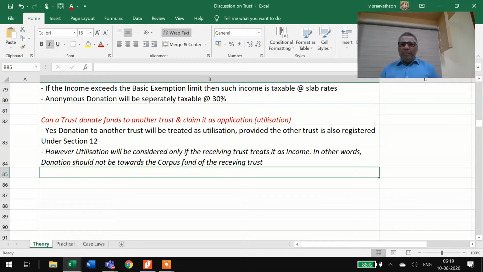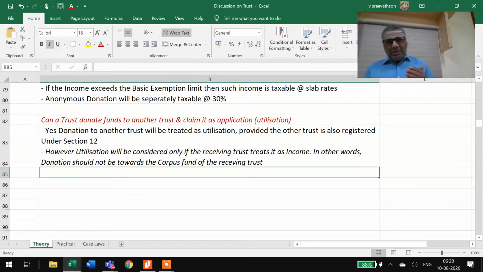It will be considered only if the receiving trust treats it as income. In other words, the donation should not be towards the corpus fund of the receiving trust. So this was an important amendment.